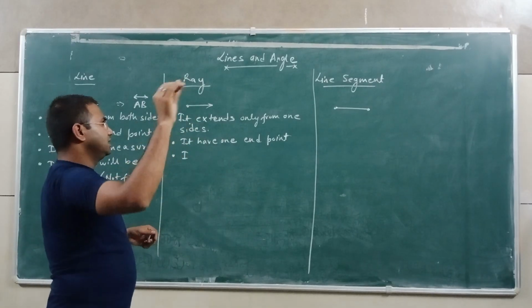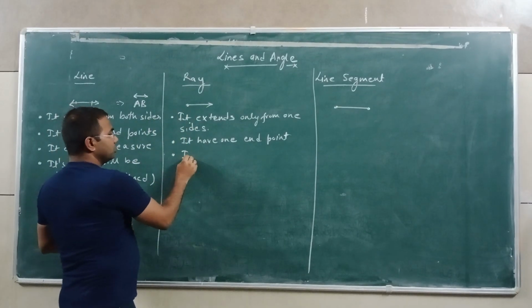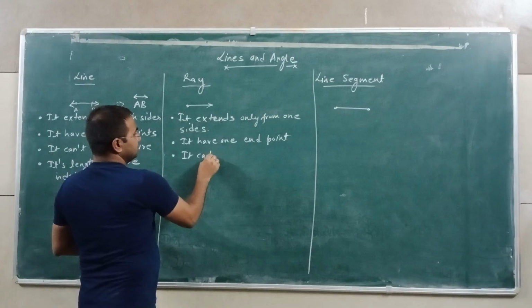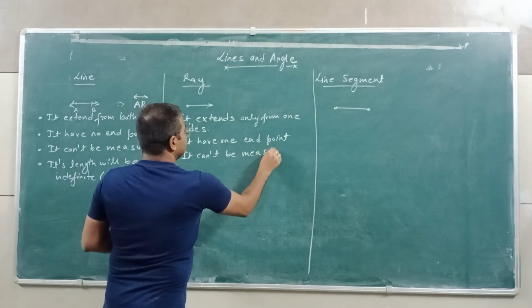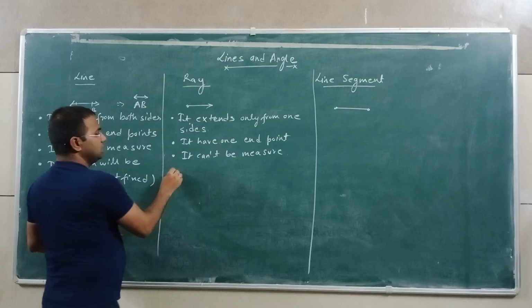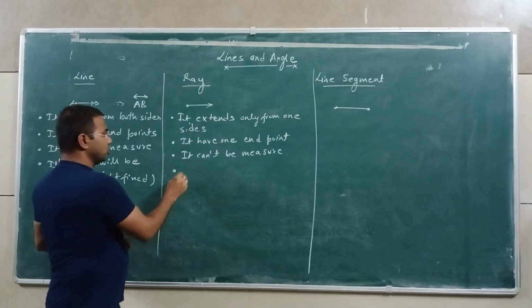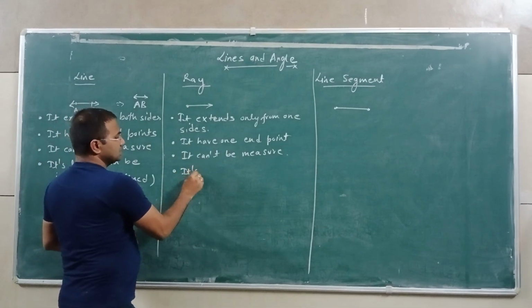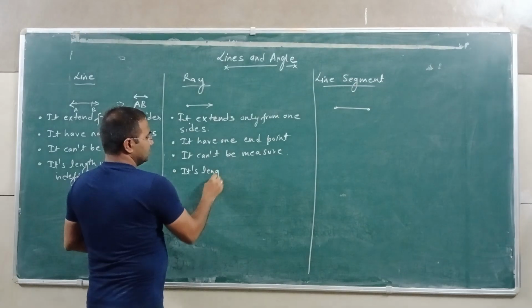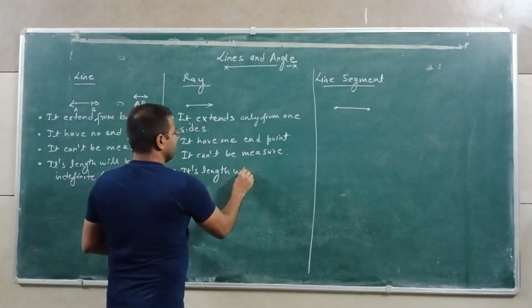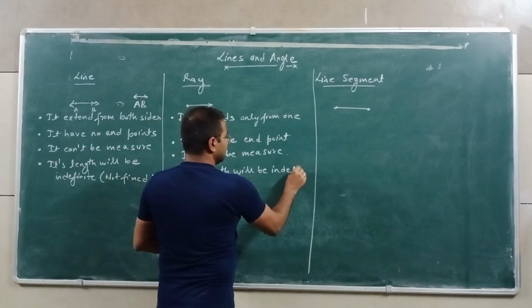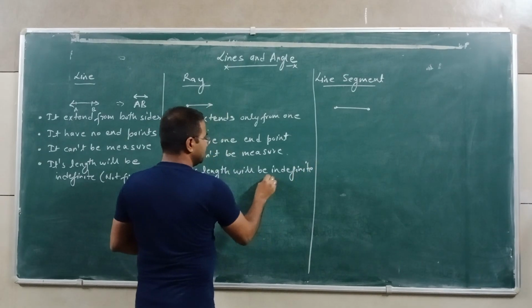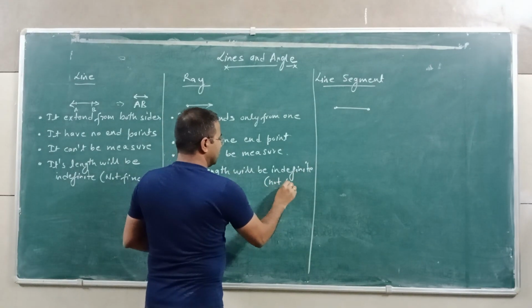From one side it is extending, so you can't measure it. Now if you can't measure it, then its length also will be indefinite. Indefinite means not fixed.